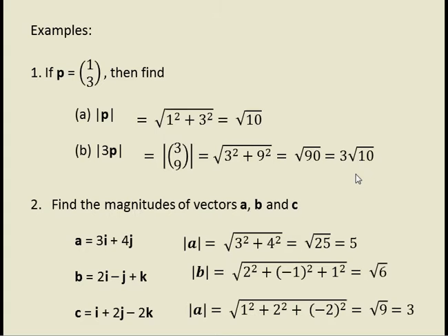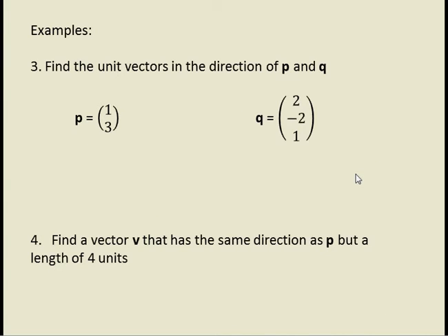Okay. 2 more questions. Find the unit vectors for these 2, and then I had question number 4. Pause the video, have a go. Okay, here's the answers for number 3. The magnitude of P is root 10, so the unit vector of P you can write as fractions inside the brackets, or you can take out the common factor.